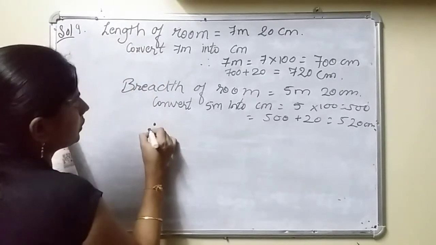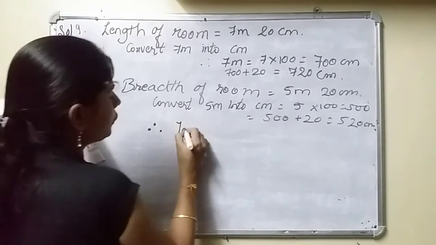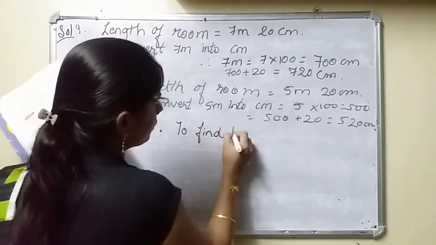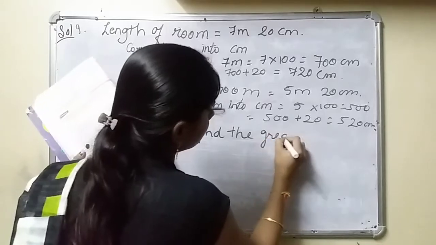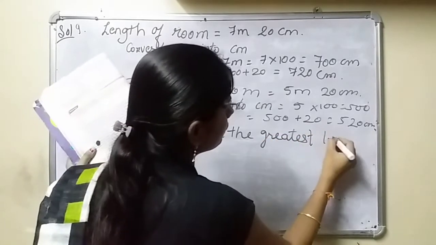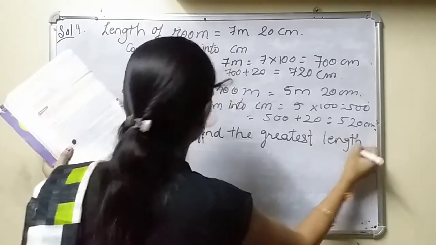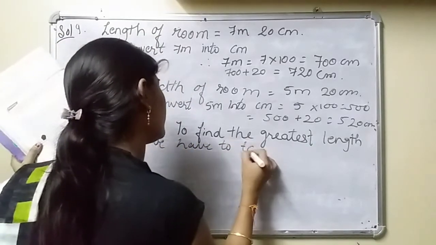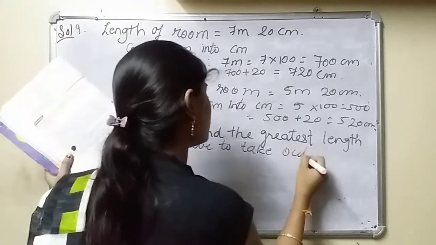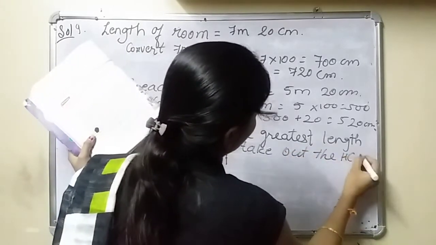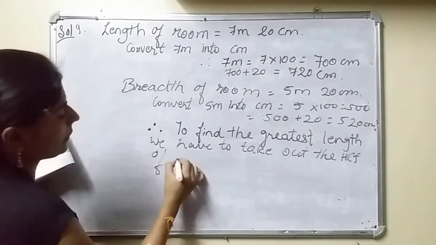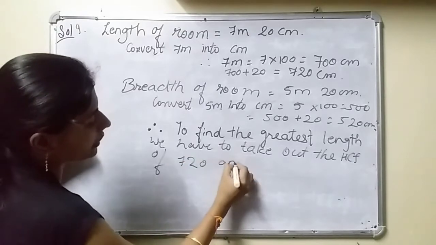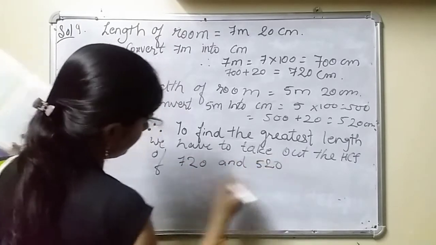Therefore, to find the greatest length, we have to take out the HCF of 720 and 520.